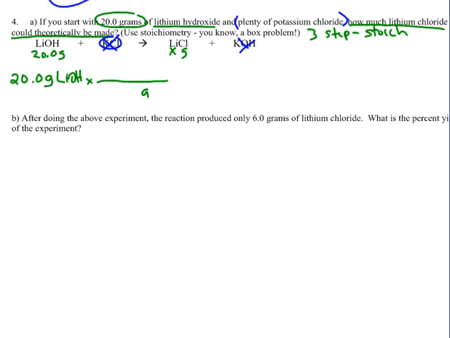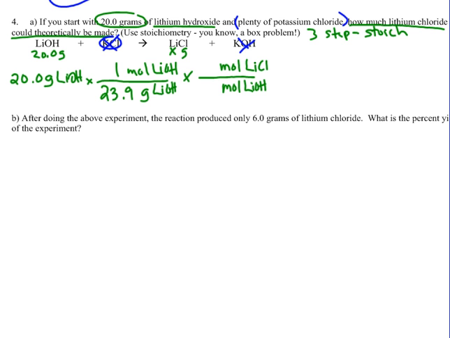Set up your first conversion fraction, which is grams of LiOH in the denominator, 1 mole of lithium hydroxide in the numerator. Looking up the molar mass for lithium hydroxide, we get 23.9. The second fraction will be moles of LiOH in the denominator and moles of LiCl in the numerator.